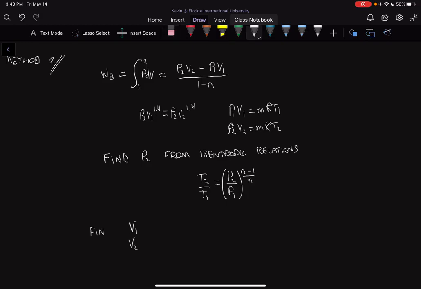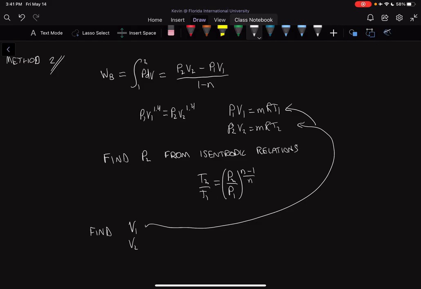So then you would find V1, V2 from these equations here, because we have the temperature and now we have both pressures. And then you would plug V1 and V2 and P2 and P1 into the actual equation. You can see that if you have the temperature at both steps, it makes it a lot easier to just use the first methodology, just substituting for MRT in our work boundary equation.